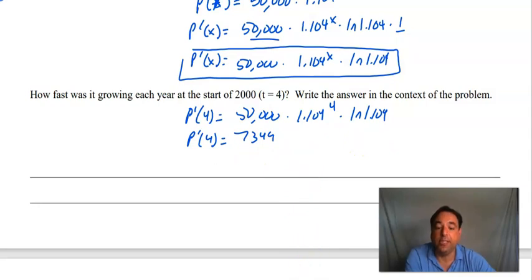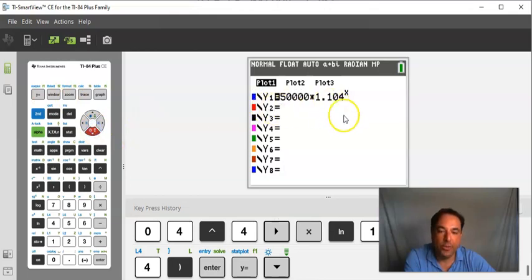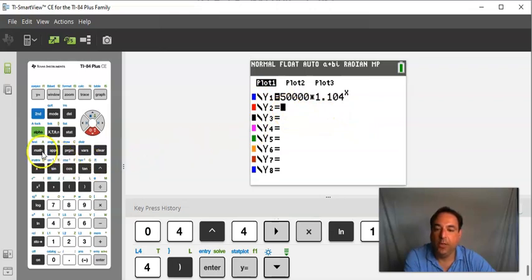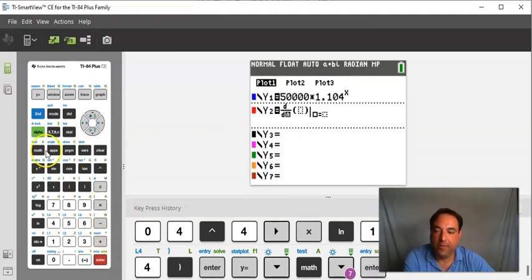But how can I do this in the calculator? In the calculator, we go to y equals, and remember, we can put the derivative in y2, and our derivative in y3. When you go to y2, hit math, number 8 for derivative. Now if your calculator looks like mine, it's x, and then inside the parentheses, we're going to put y1.